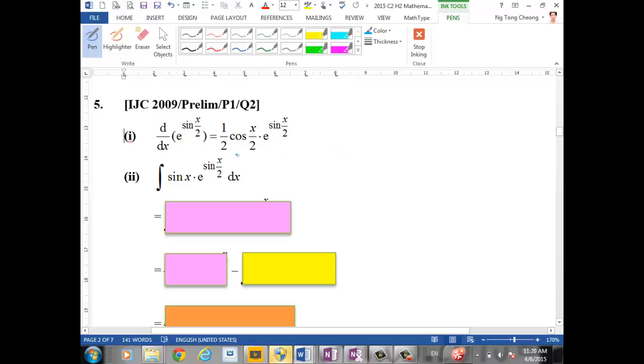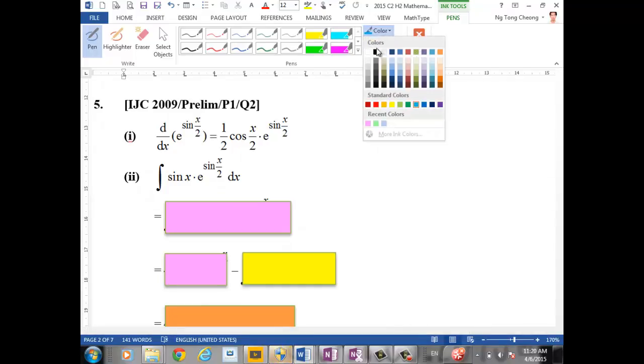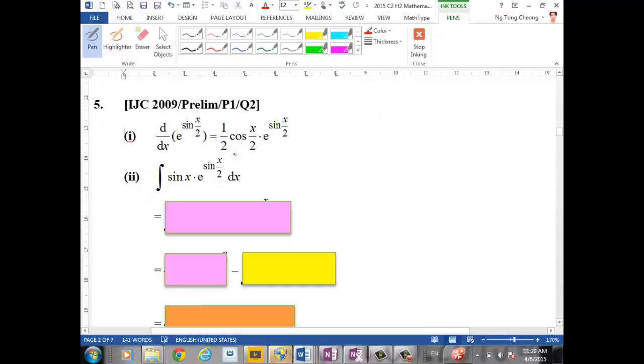So you realize that over here you have cosine x over 2, but over here you have sine x only. Okay? So then you may want to recall what you learned about your double angle formula or your half angle formula. Okay, then you may want to consider splitting them first, right?